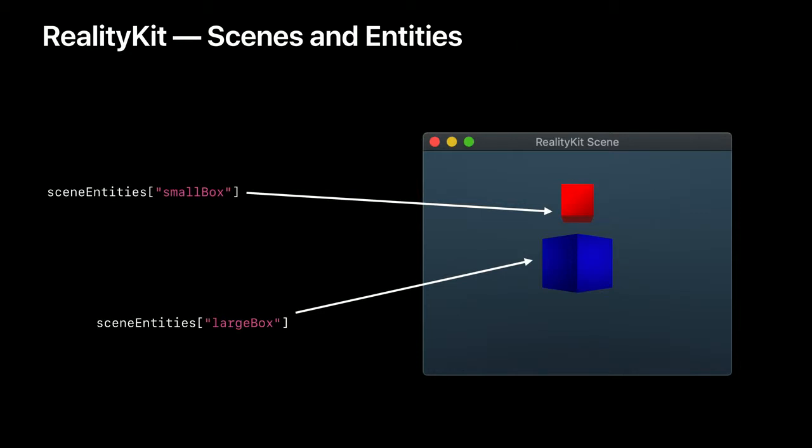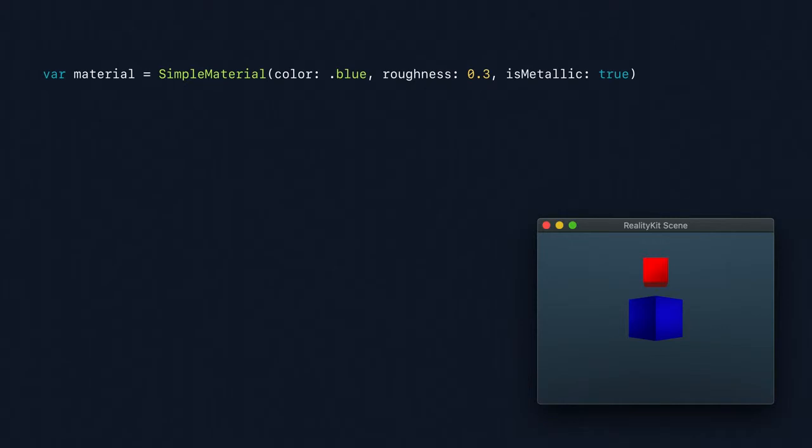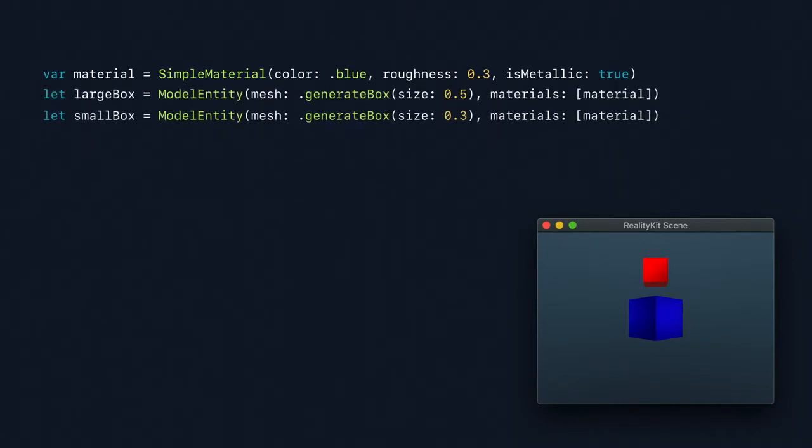But the attributes of those entities, such as their location or orientation in the scene, those are modeled as value types. Now let's have a look at how this looks in code. So let's say we want to create this scene here. So we would first create a material type, and then we'd create two boxes out of it.